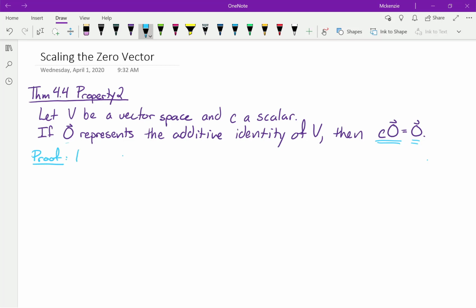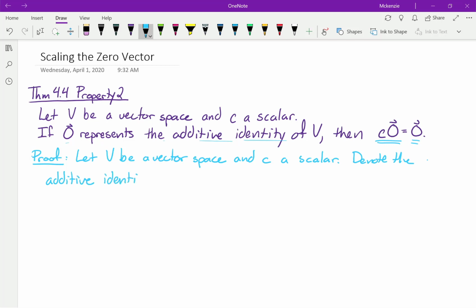Alright, so to get our proof started, let's go ahead and let V be a vector space and C a scalar. Then we're assuming 0 is the additive identity, so denote the additive identity of V by 0 with a line over it.